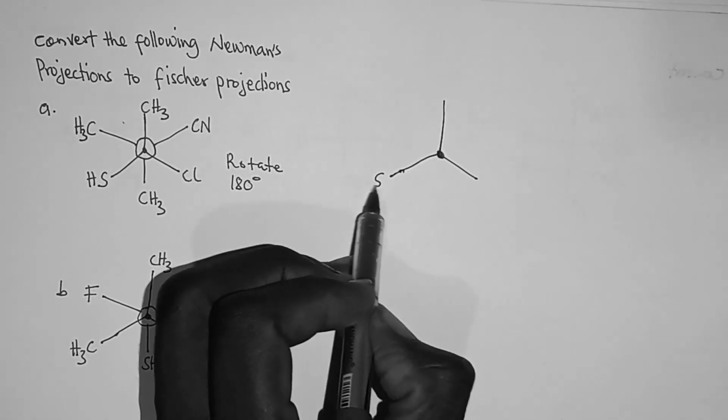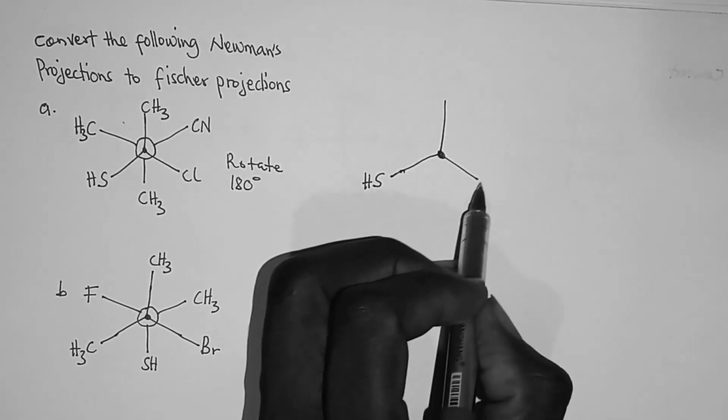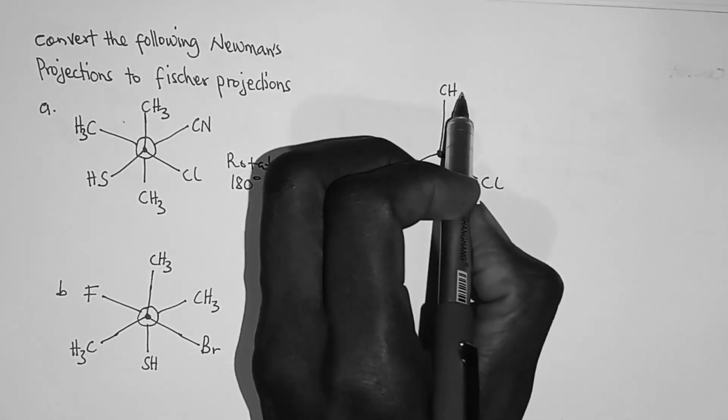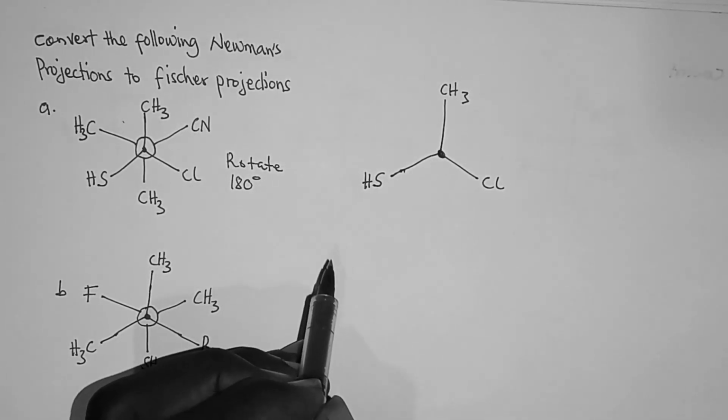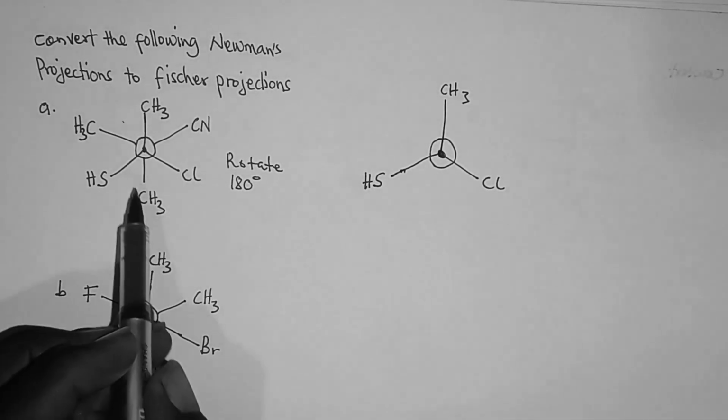This place is a thiol, SH, and then there is a chlorine here, and then the top here is a CH3. And then let's draw the carbon at the back, but we need to rotate 180 degrees.